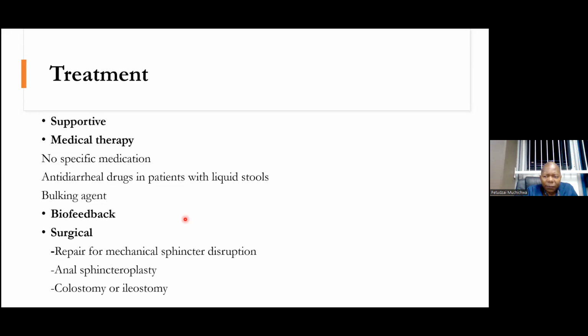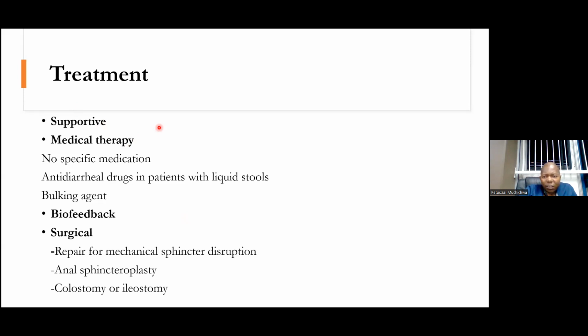They have to take care of the perianal area. Perianal hygiene has to be improved. We can use barrier creams like zinc oxide. Also use incontinence pads as well. This is the supportive treatment we have to offer these patients, but key to that is psychosocial support.